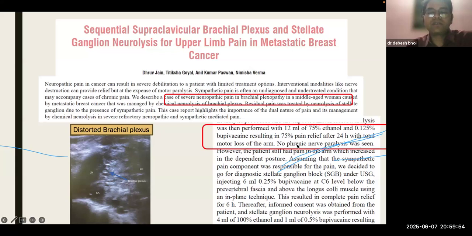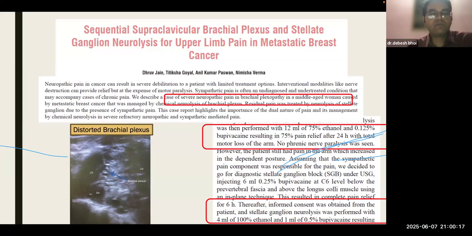The patient got good relief, and no phrenic nerve palsy was seen. After that, the pain persisted, so they planned a stellate ganglion neurolysis also, where they deposited around 4 ml of 100% ethanol with bupivacaine. So this is a combination of supraclavicular brachial plexus neurolysis along with stellate ganglion.